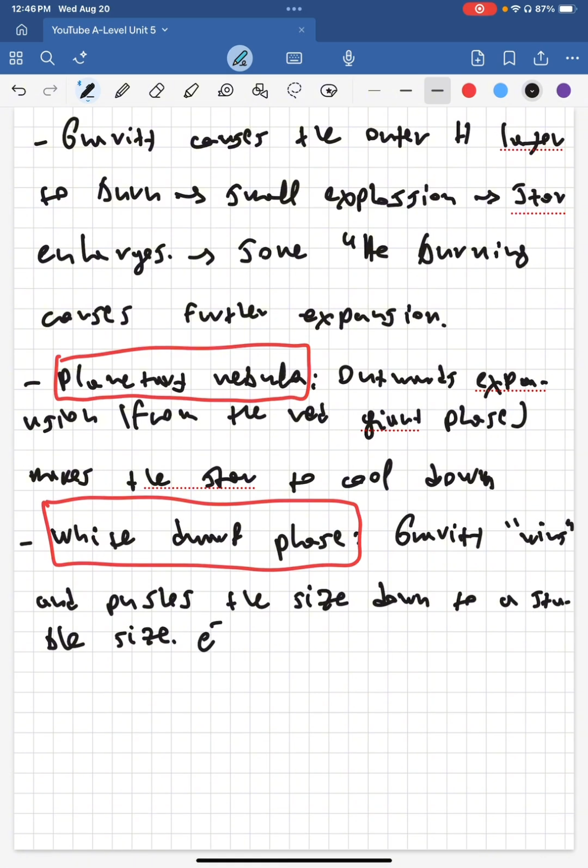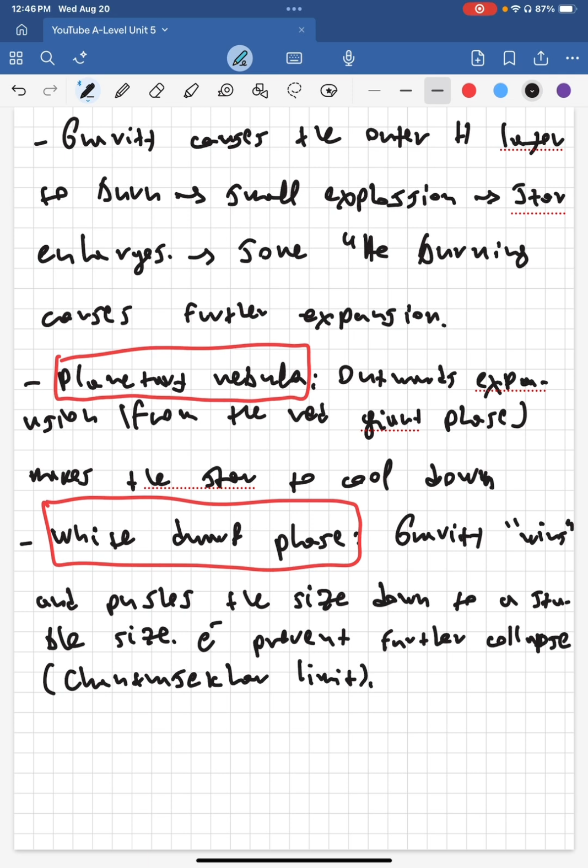Okay. Electrons prevent, not the same, I think it's not the same. They have the same luminosity, but approximately the same radius or something like that. So electrons prevent further collapse. And this is known as a Chandrasekhar limit.